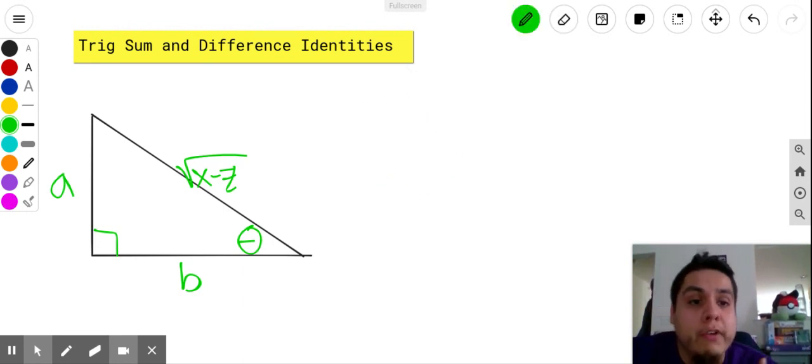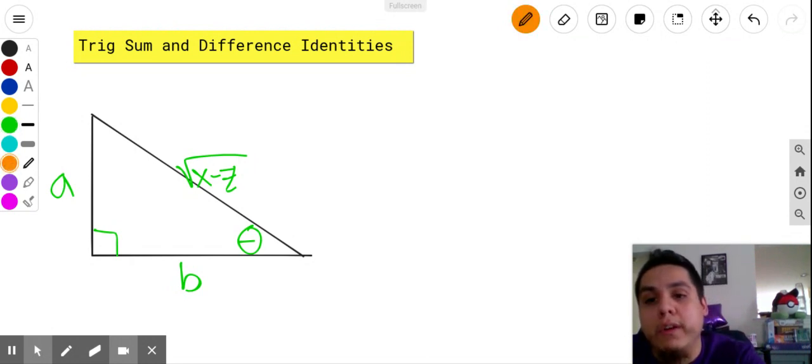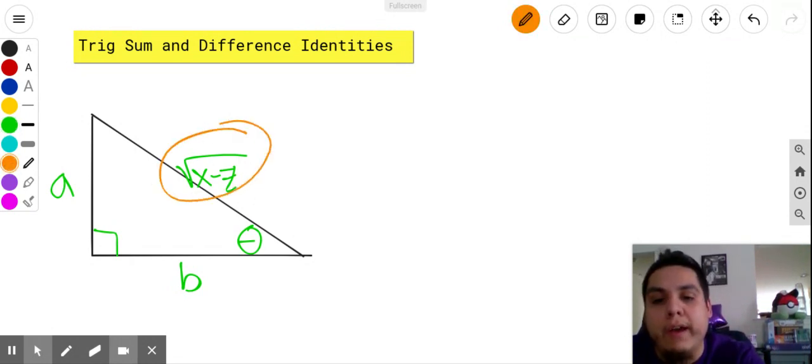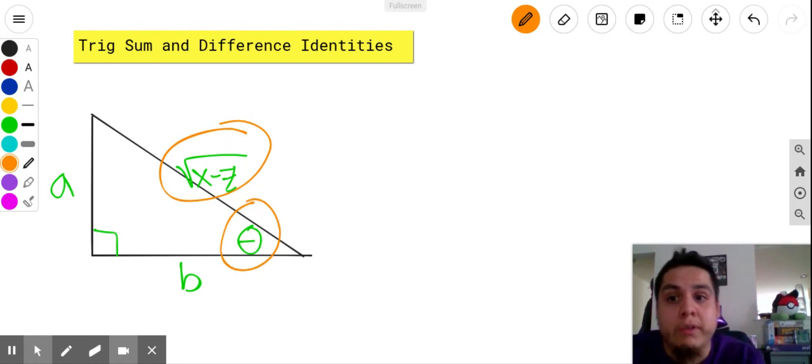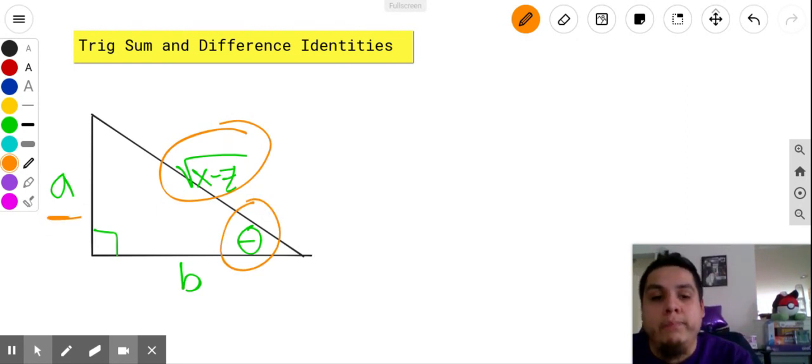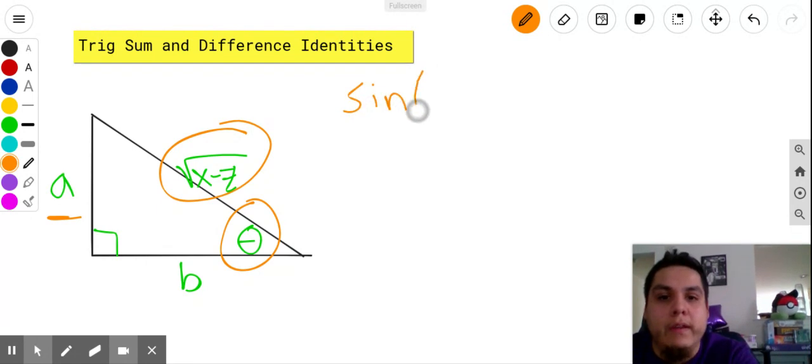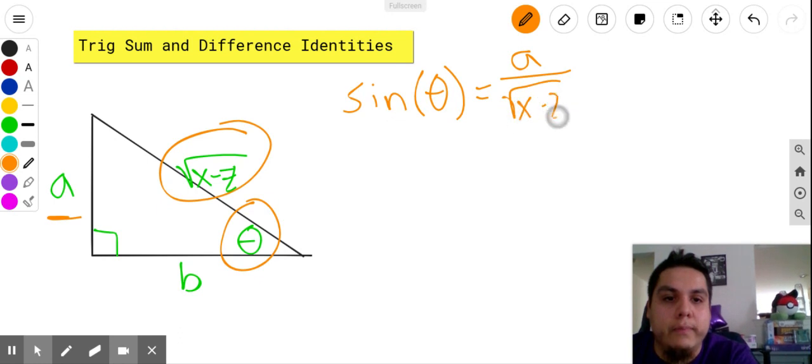If I'm trying to figure out how to express the side length of A, given that I know the hypotenuse and the angle, then I can say sine of theta should equal A divided by the hypotenuse.